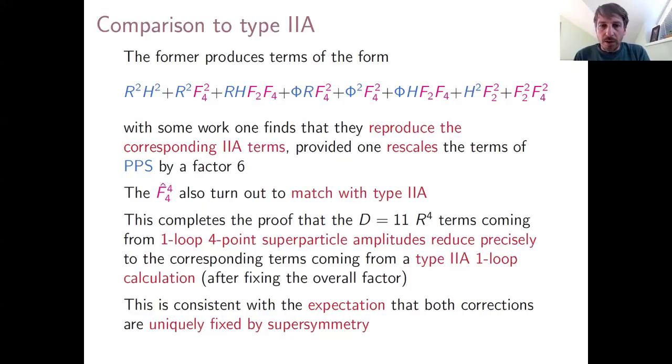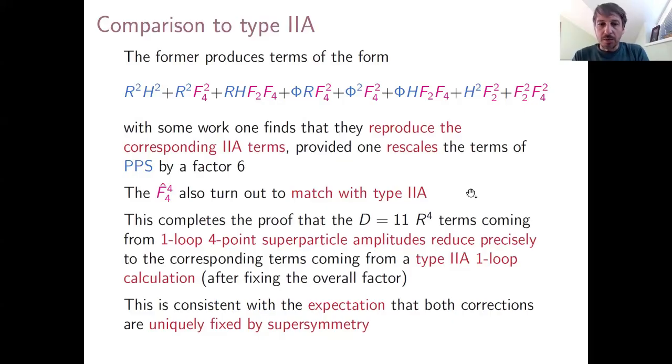Okay, so in that way, we have completed the proof that the 11-dimensional R4 terms that are computed from the one-loop 4-point superparticle amplitudes reduce precisely to the corresponding terms in the type 2A one-loop calculation. Of course, this is after we fix the overall factor. The overall factor we cannot fix in an independent way in 11 dimensions. But the structure of the terms is precisely correct.